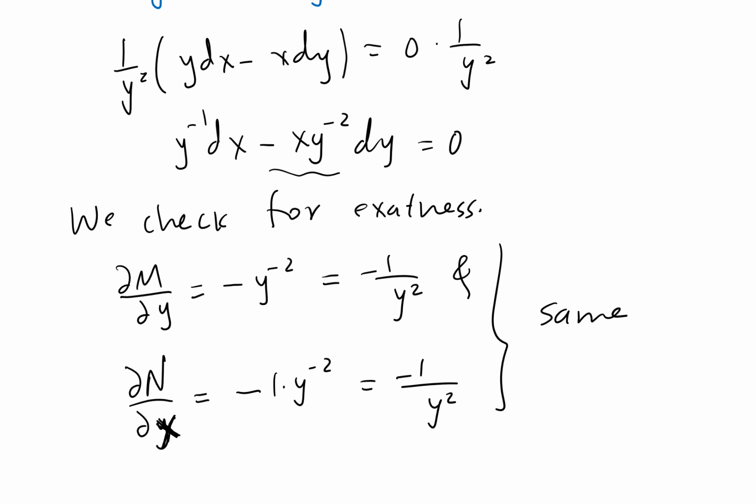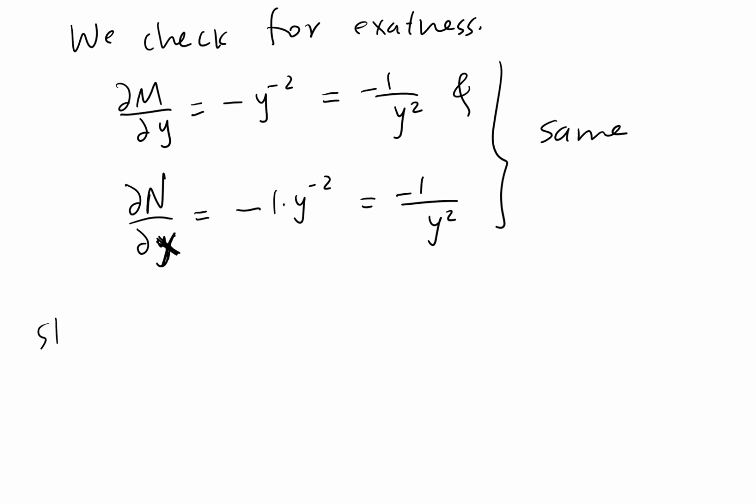And to finish solving this, you do exactly as we did in the previous examples. Sometimes you can be asked to solve this and they give you the integrating factor right away, not just to check. The way you do that, you check for exactness first. Make sure you multiply both sides by the integrating factor, check for exactness, and solve.